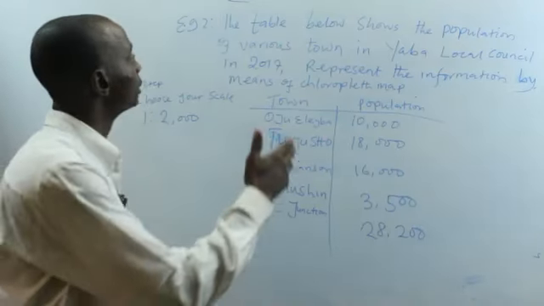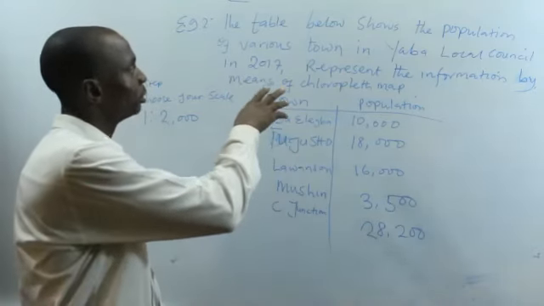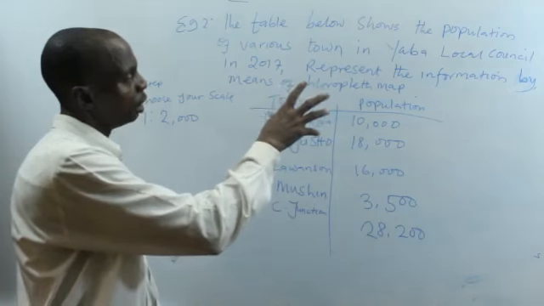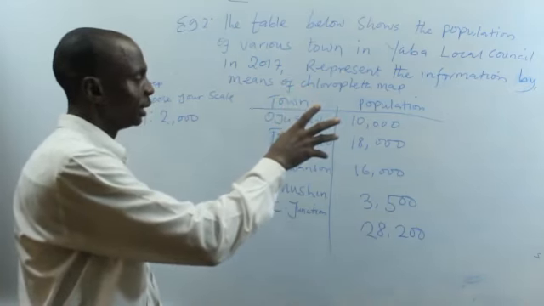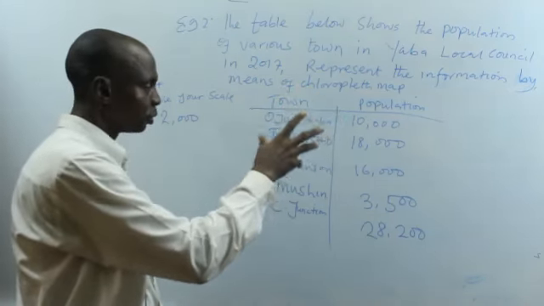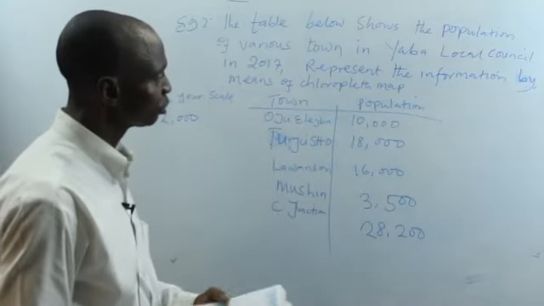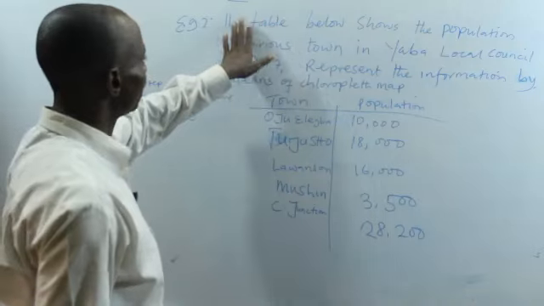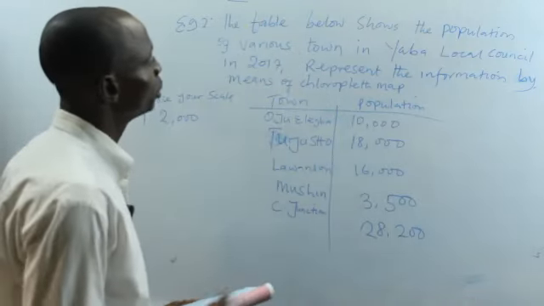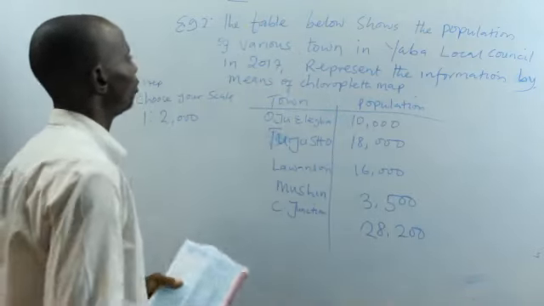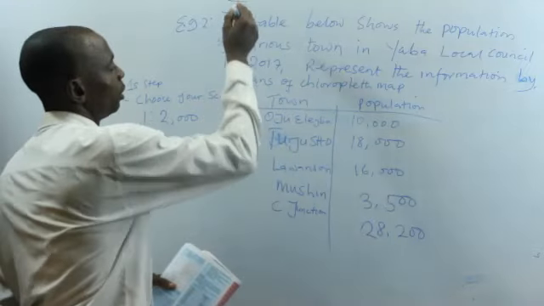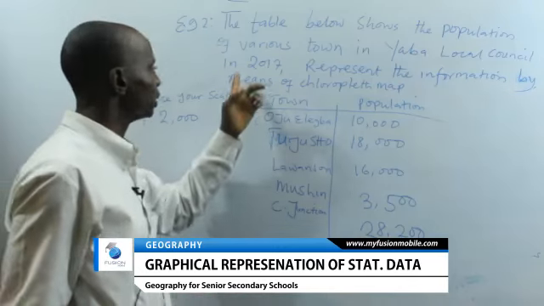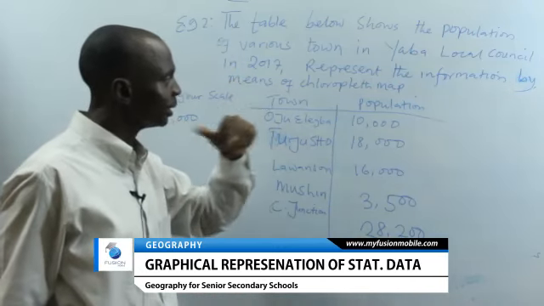So we are going to take this example to look at how we can use a Choropleth map to solve a statistical problem. Here is an example. The table below shows the population of various towns in Yaba Local Council in 2017.